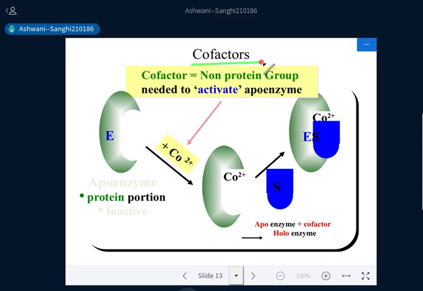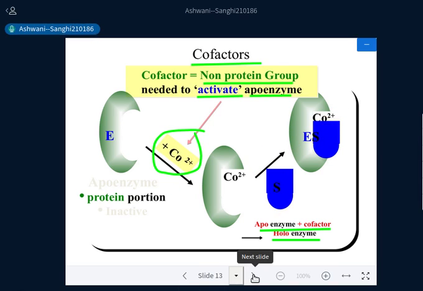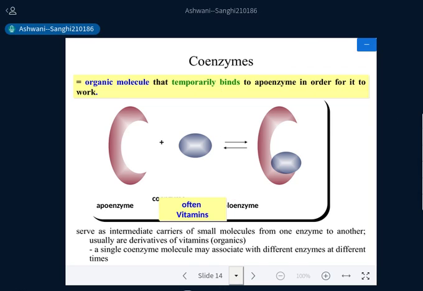First, this cofactor, that is a non-protein group, is needed to activate the apoenzyme, that is the protein part. Apoenzyme plus cofactor is called holoenzyme. Cofactor like cobalt, a non-protein part, helps the enzyme. Second, coenzymes.